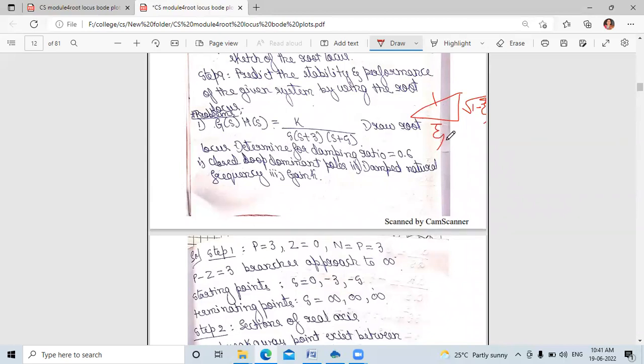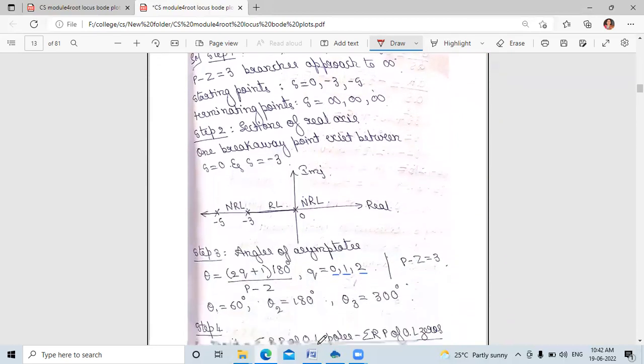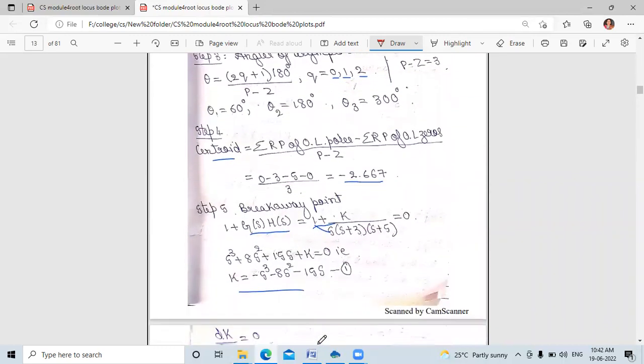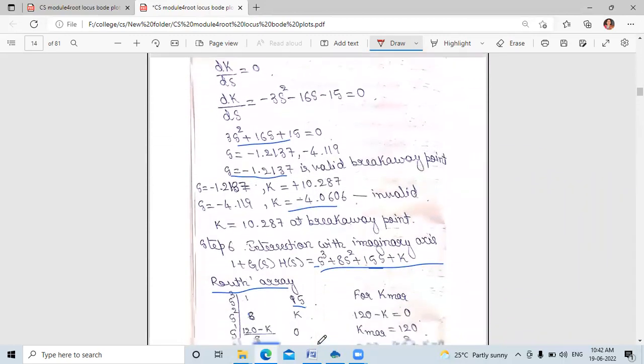So theta equals cos inverse of zeta. They have given the damping ratio value, and from that we need to find the theta value. After finding the theta value, only then can we find the value of p, that is, where it will intersect.